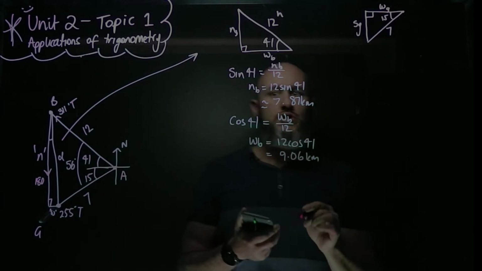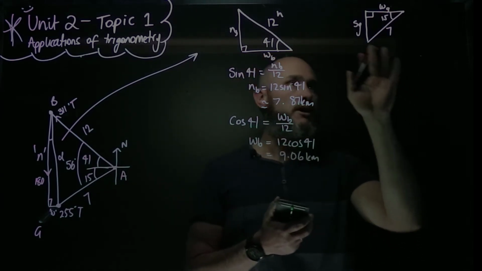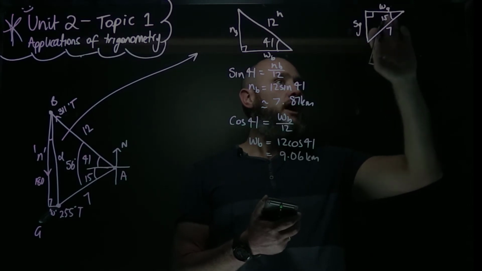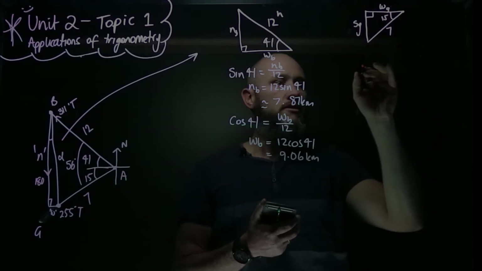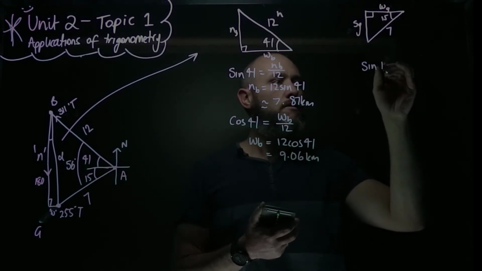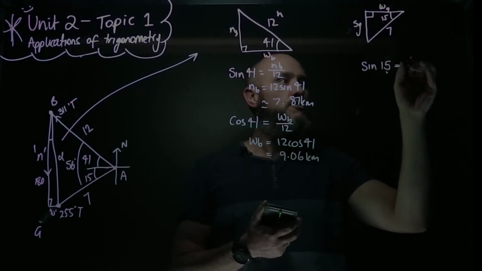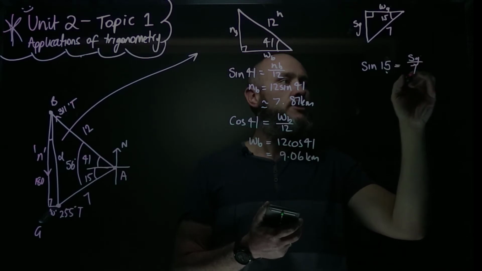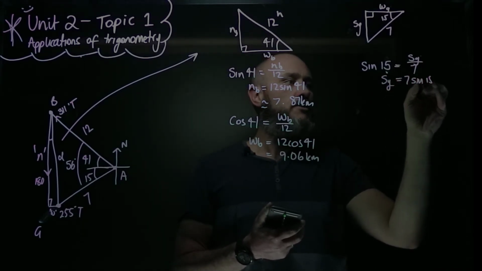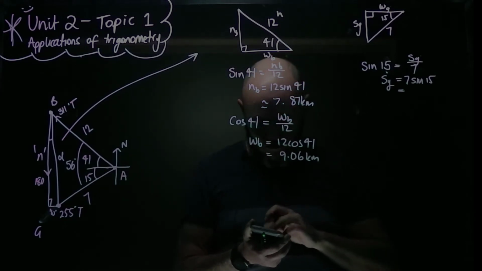And then we have our Georgie information. It's going to be a very similar situation. So her southerly distance is opposite. So we've got sine of 15 is equal to SG over 7. So SG equals 7 sine 15.